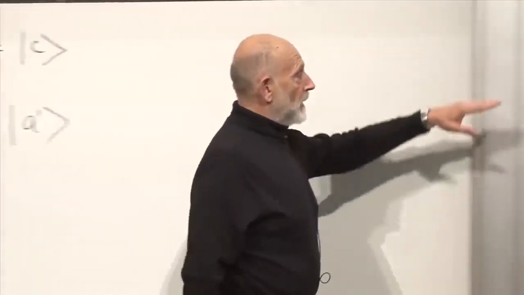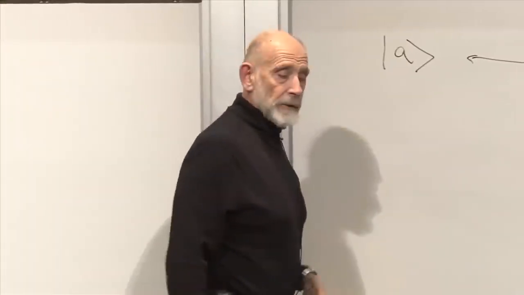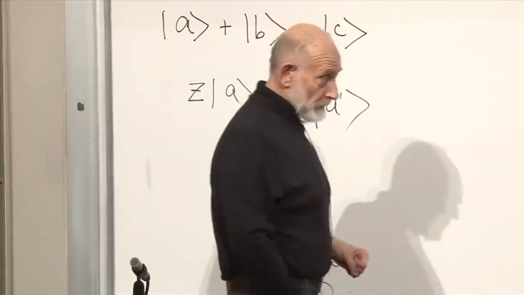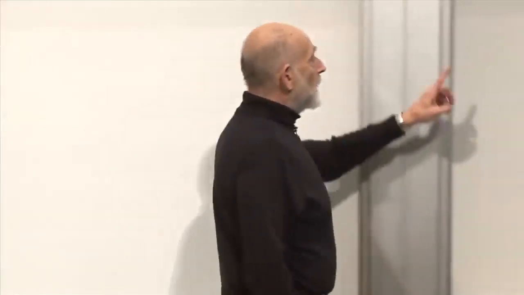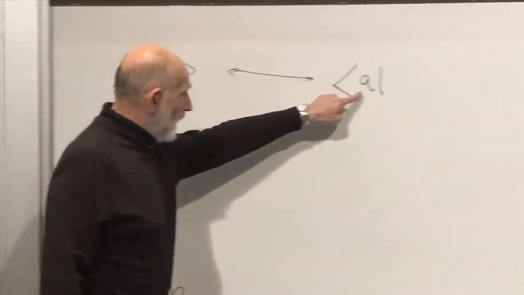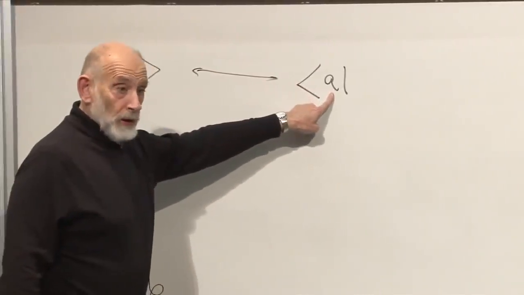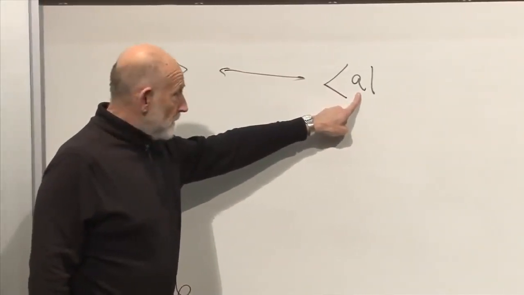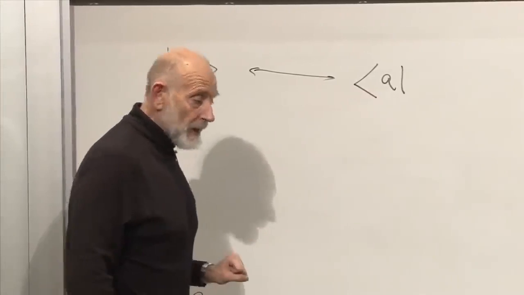Let's write down the abstract postulates about the dual vector space. First of all, for any vector, there is a dual vector, and they're in one-to-one correspondence.